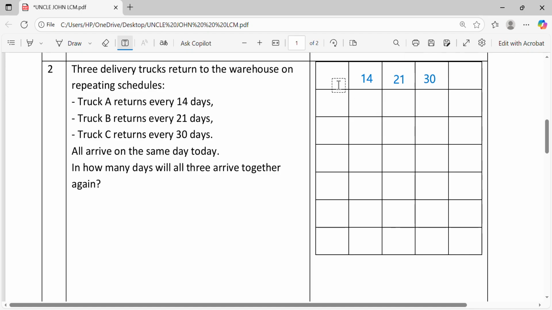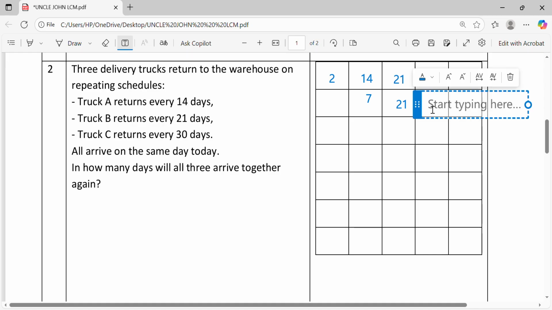Then I'll say 14 divided by 2 equals 7. 21 divided by 2 is impossible, so we copy 21 down. 30 divided by 2 we shall get 15.